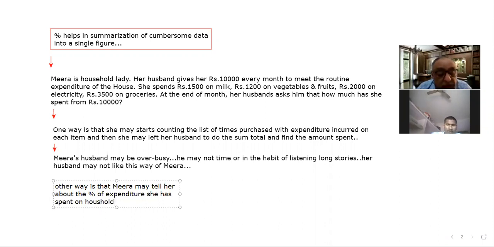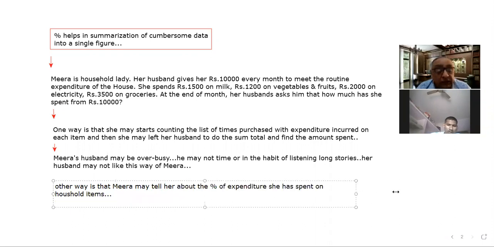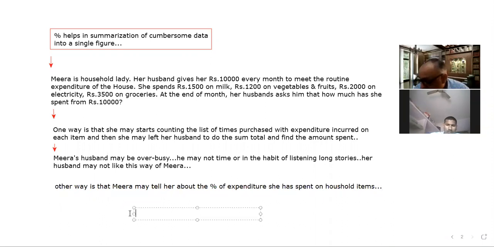Further, if her husband asks for an explanation, he can go for it. So in that case, she can calculate the percentage of amount spent.